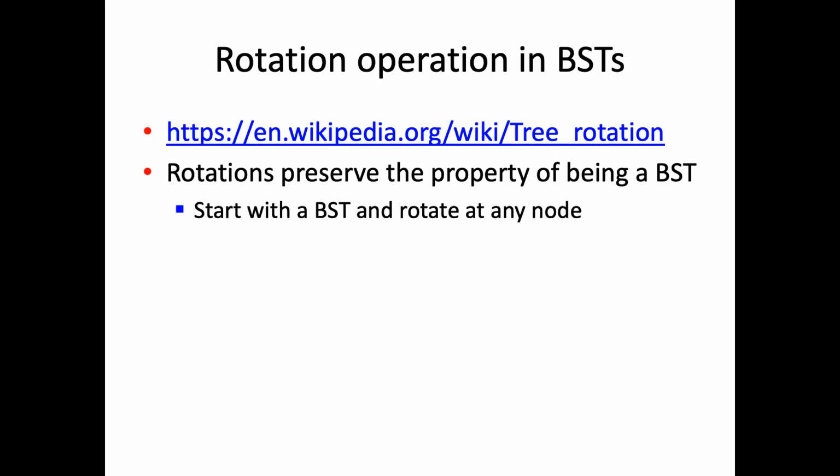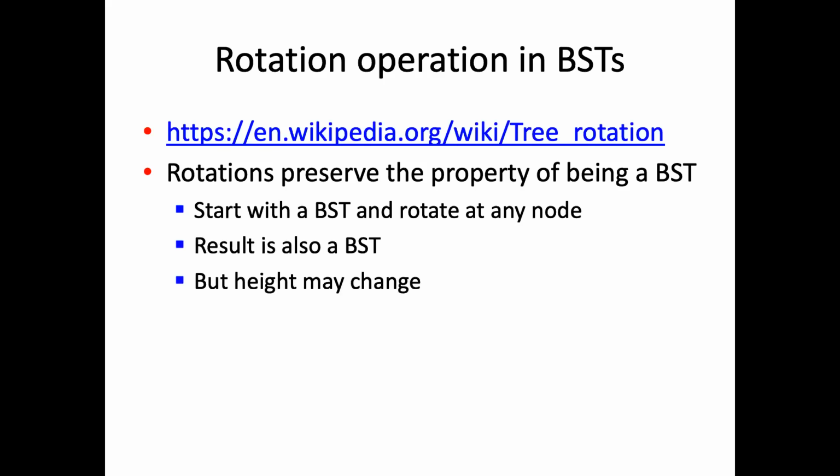So in general, we can start from any binary search tree and rotate at any node you want, and the binary search tree property would remain satisfied. And the good thing about this is that if your tree is very imbalanced, by doing some rotations, we could bring back some balance to the tree.